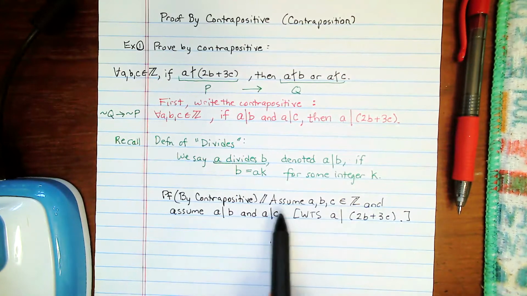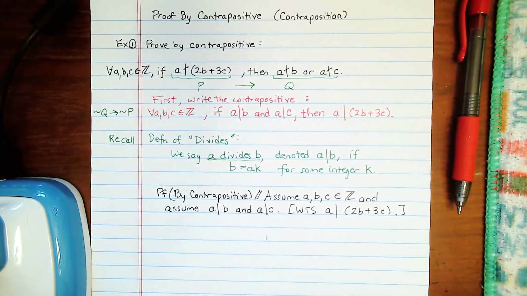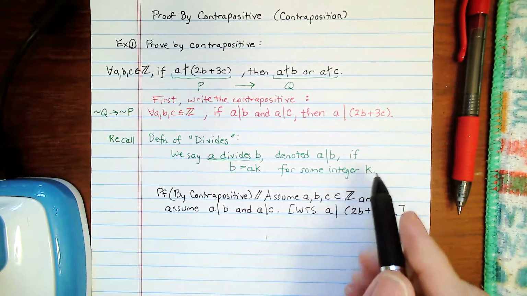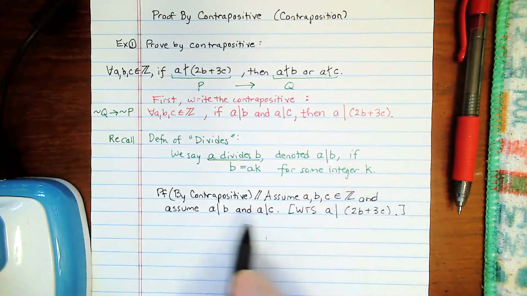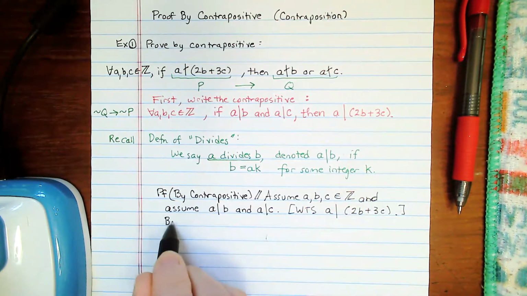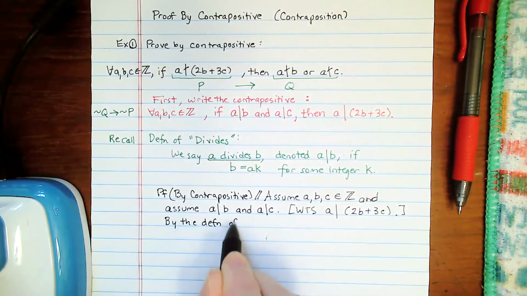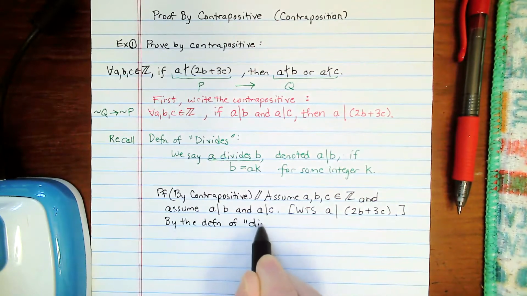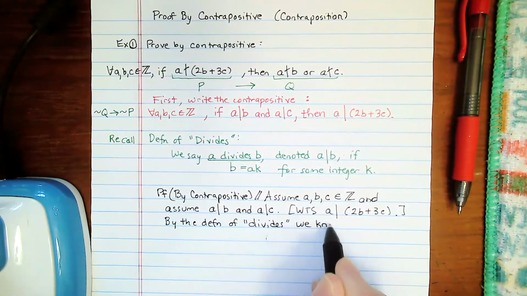We have our hypothesis, we have our wish. Now we apply the definition. The definition in play, of course, is divides. So by the definition of divides, we know a number of things.